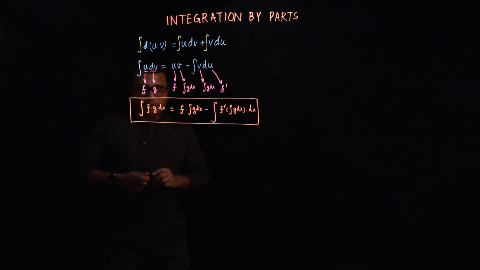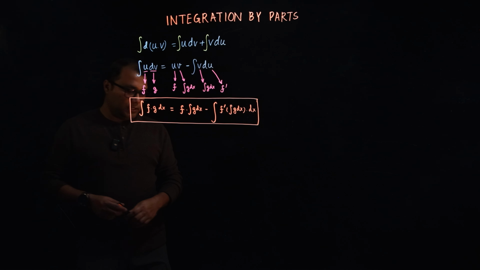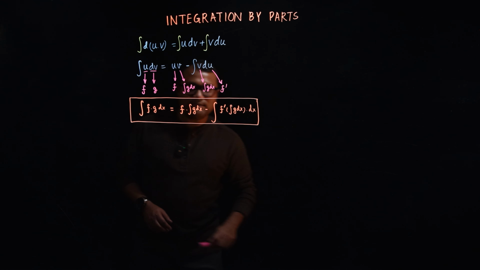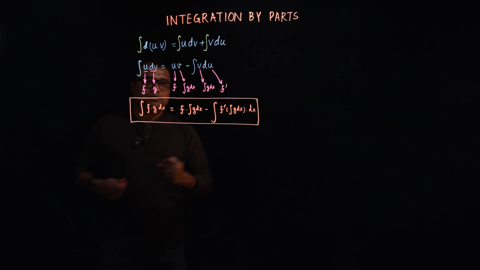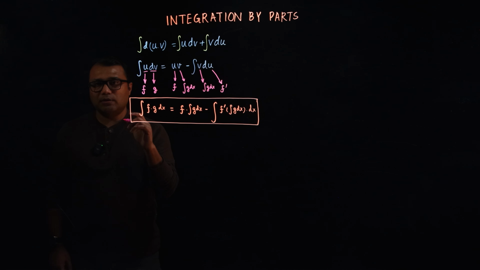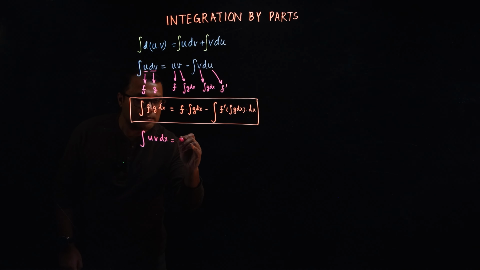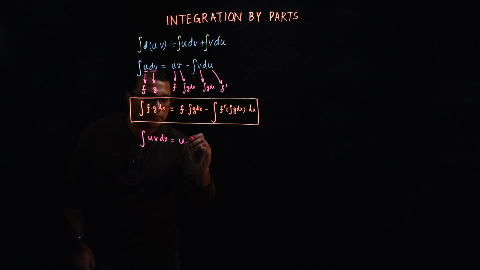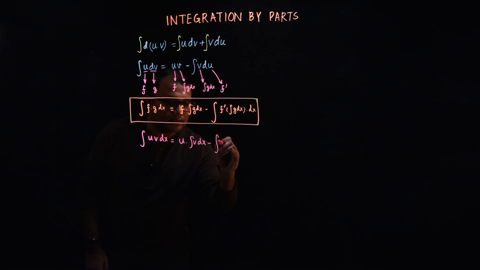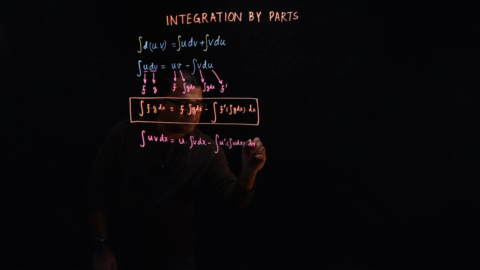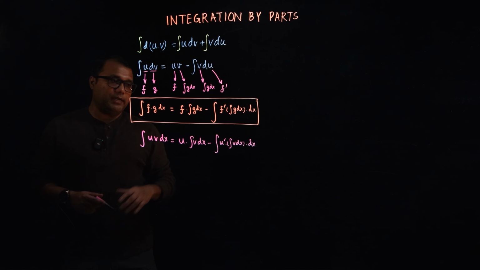I wrote it in terms of f and g, but you can also memorize this in terms of u and v. Typically in most literature you will find this as integral uv dx is u times integral v dx minus integral u dash times integral v dx, dx. Either way you can remember it.